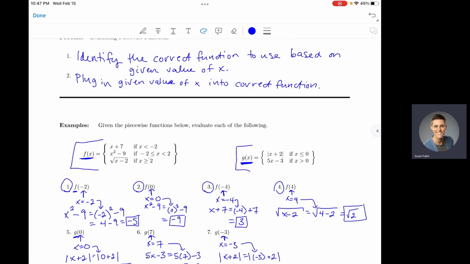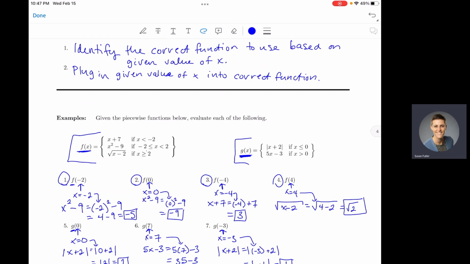The biggest mistake that most students make on these is that you try to plug in your x value to multiple functions, or you plug in whatever x value you're given into all three functions, and then try to compare your output to your domain, but that's not the same thing. You're going to use the x values that you're given to decide which function to use.